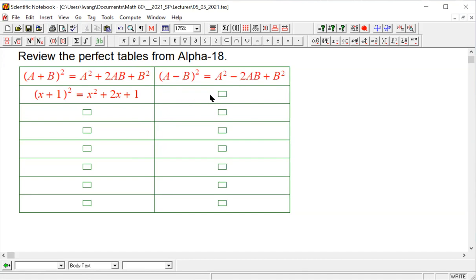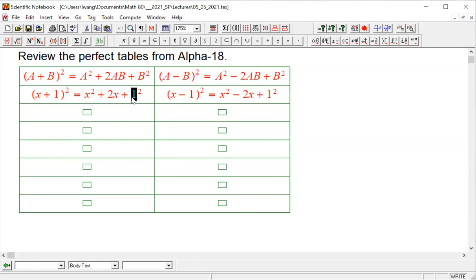And this is minus. So if it's x plus 1 squared, and if this is minus, it's going to be a 2, and you can see 1 is the same as 1 squared.